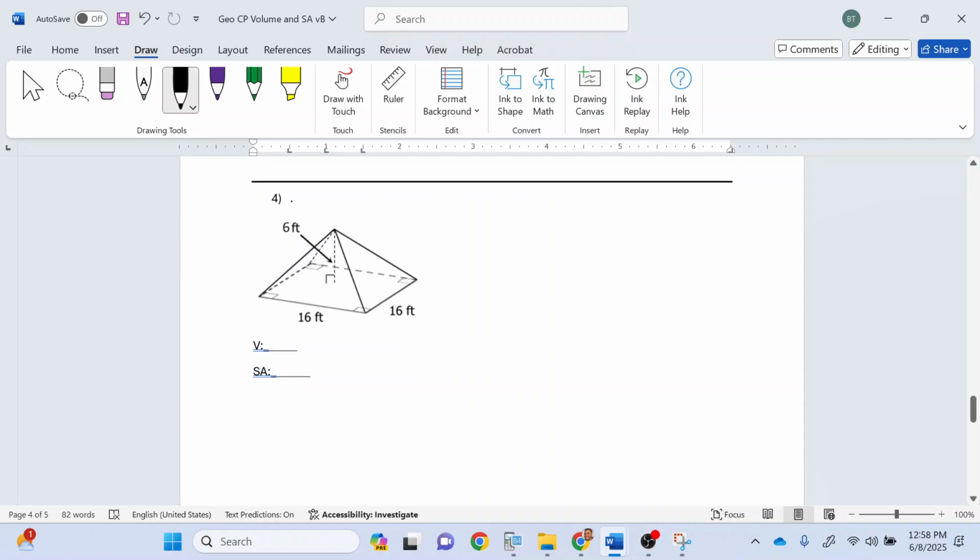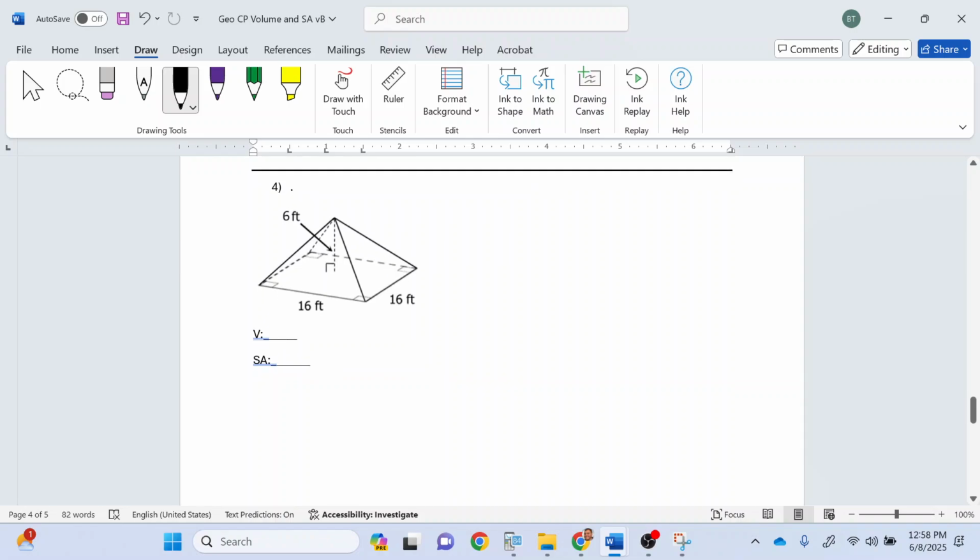Next one. This is a pyramid. The pyramid has different surface area and volumes. First volume is just 1/3 capital B base times height. So in this case, it's 1/3 times my base, which is length times width because it's a rectangle or square, I guess.